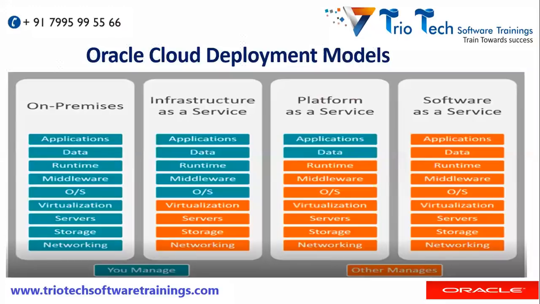With platform as a service, all my application and data will be created, managed and owned by me. I will define the inbound and the outbound of the data. But again, the server and the networking, everything, I want Oracle to manage.